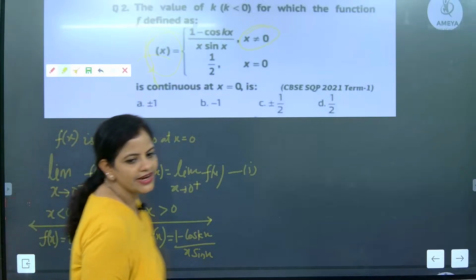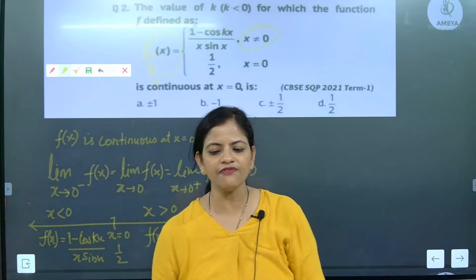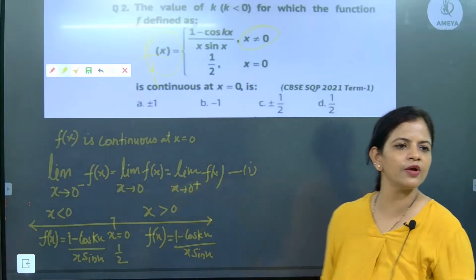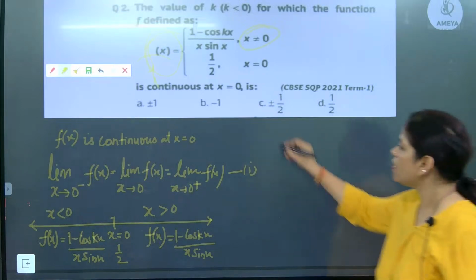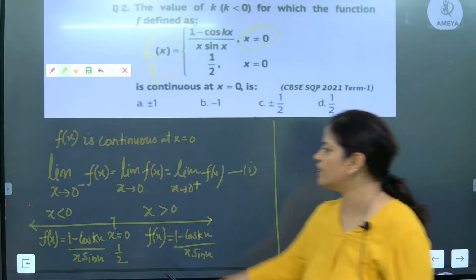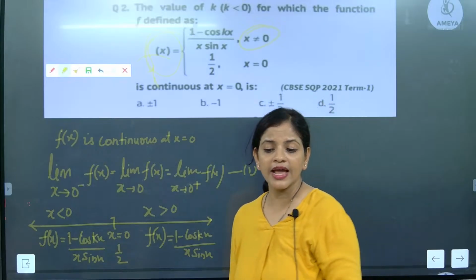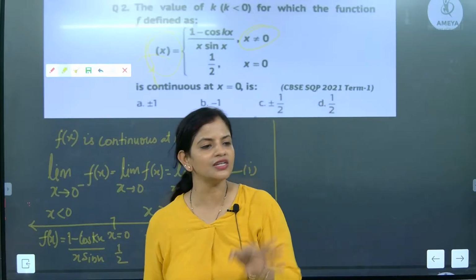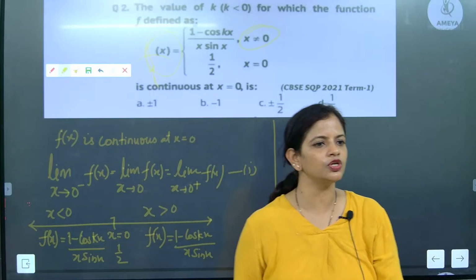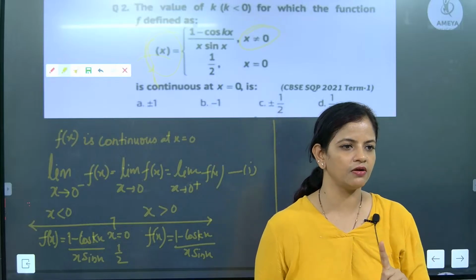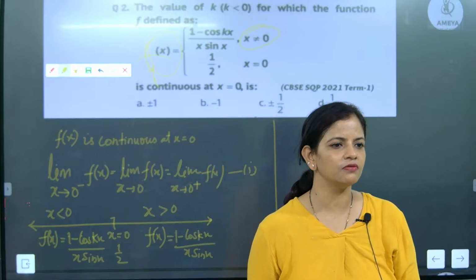So left side and right side, both we take the same value. Now we will take only one side because it is continuous. Already it is given the function is continuous at x equal to 0, so we can take any one side. Can we check LHL or RHL?